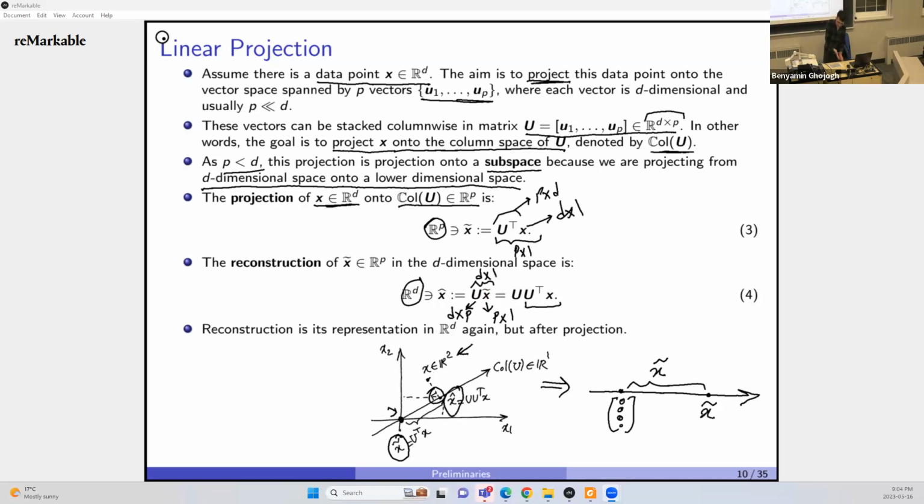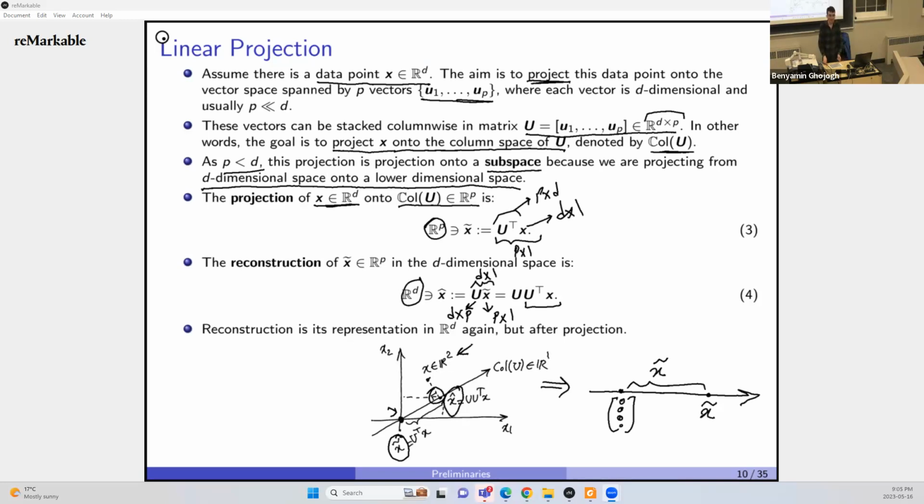So U times x tilde, which is U U transpose x, is the reconstructed data. So U transpose x projects the data, and U U transpose x reconstructs. Reconstruction is its representation in R^d again, but after projection.